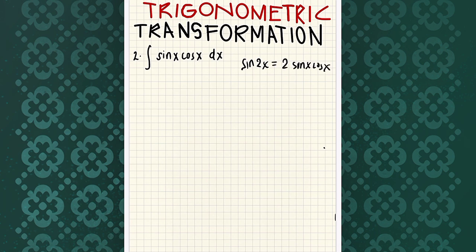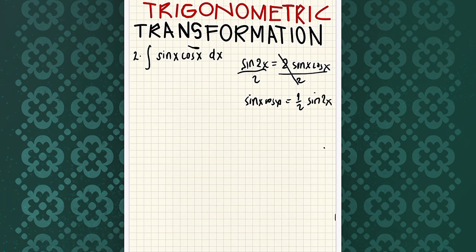Divide both sides by 2, so sine x cos x is equal to 1 half sine 2x.